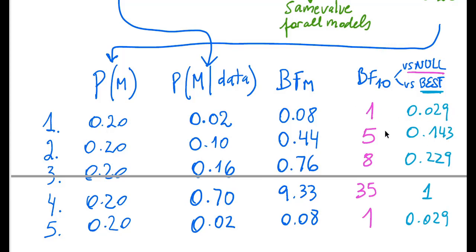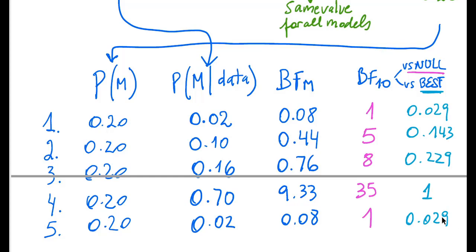In line 2, we've got 0.10 divided by 0.70, and that's 0.143. In the third model, we've got 0.16 divided by 0.70, and that's 0.229. And finally, 0.02 divided by 0.70 is 0.029.